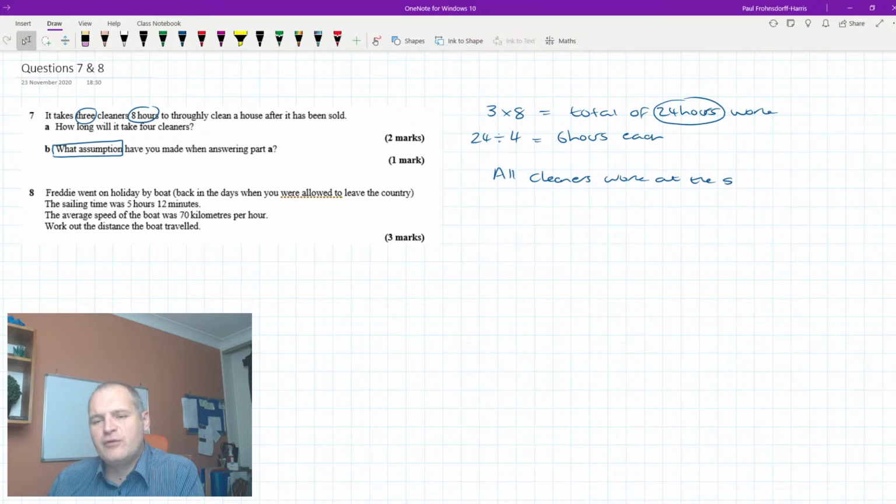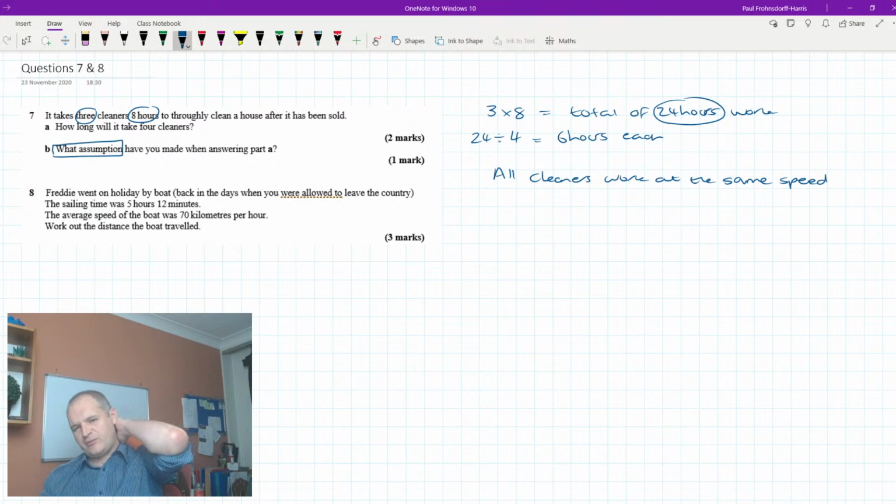Now this is the sort of thing that in maths we can say things like this and say, this is true, like obviously all cleaners work at the same speed, but in real life we obviously have to understand that's not going to be the case. We can use an average, but we understand that everyone does things at slightly different speeds. But when you're doing mathematical questions, you make assumptions like this, but you must state what the assumptions are. All cleaners work at the same speed, so therefore this question works.